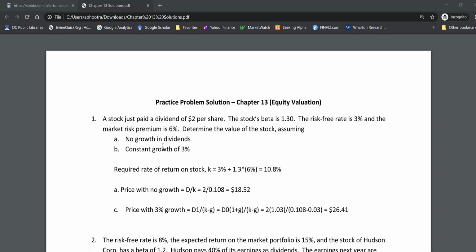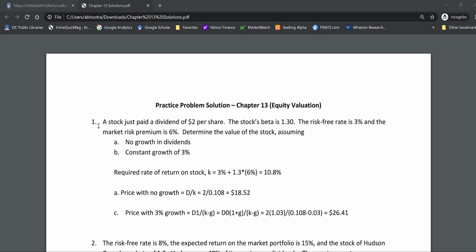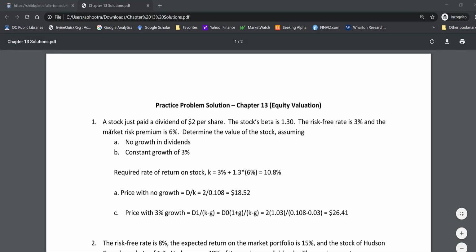So let's start with the first one here. A stock just paid a dividend of $2 per share. As I mentioned during the lecture, the language here is important. The stock just paid a dividend, so that means this is the current dividend. So this would be D0. And then you have the beta of the stock, risk-free rate, and market risk premium.